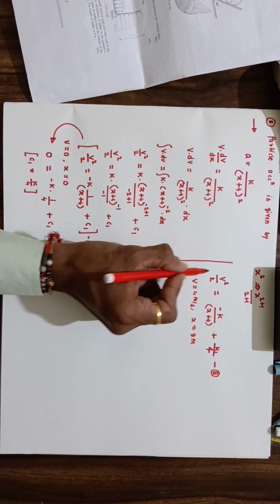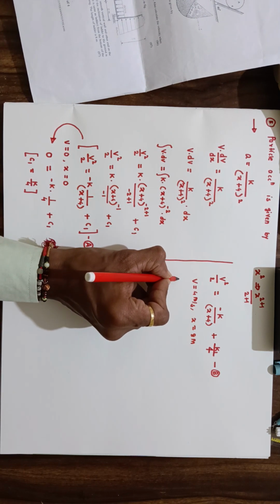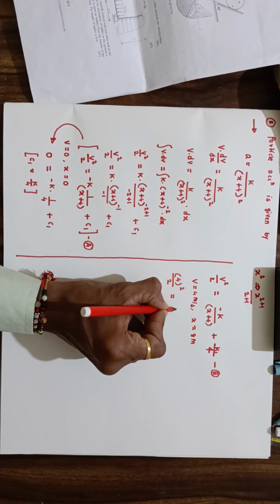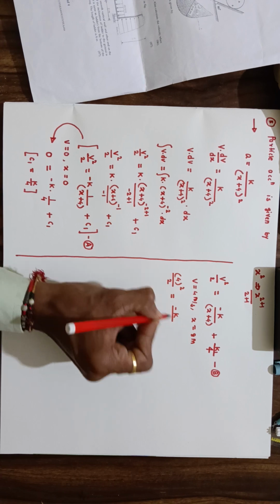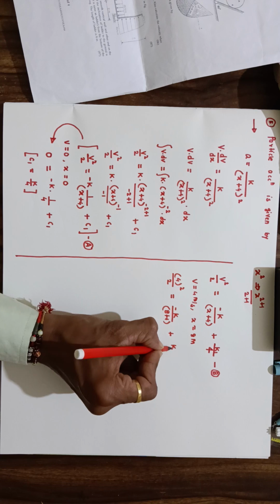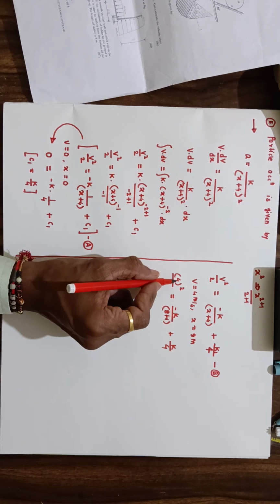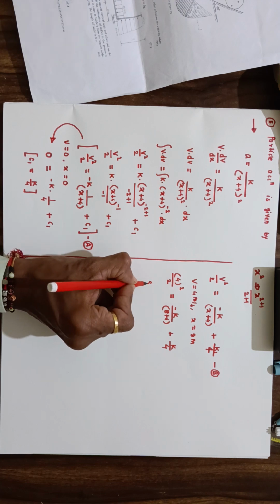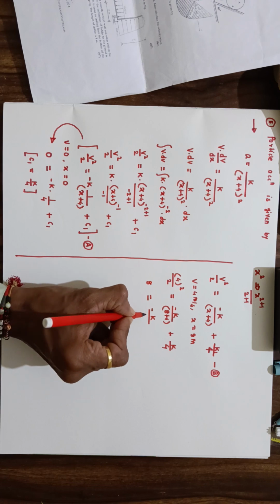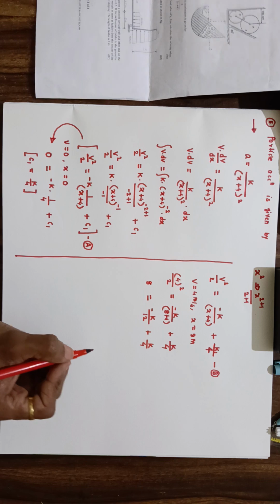So put the values of v and x again in this equation. V is 4, so 4 square by 2 is equal to minus k upon (8 plus 4) plus k upon 4. Now simplify this equation. 4 square is 16, by 2 is 8, so 8 equals minus k upon 12 plus k upon 4.